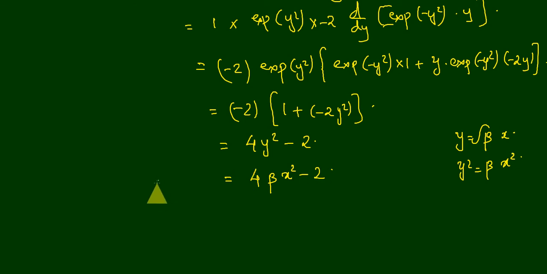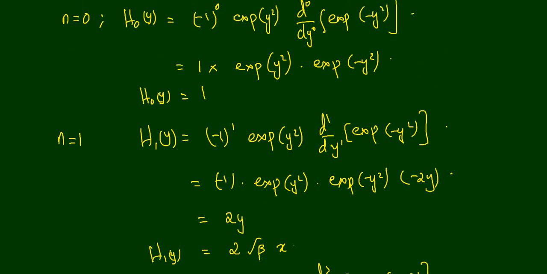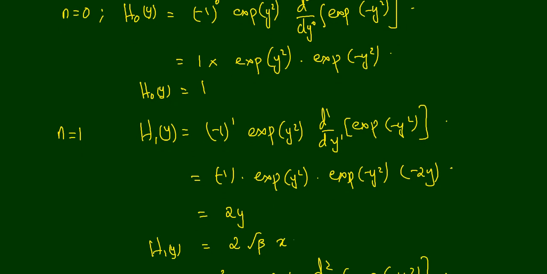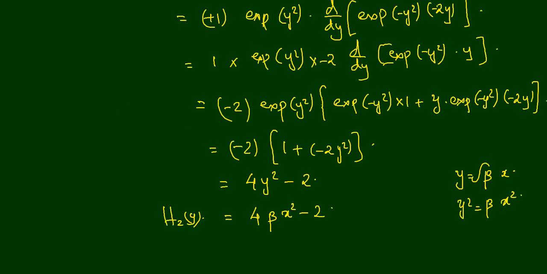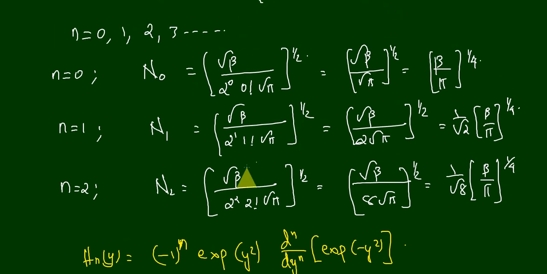So this is h2y, okay? Now we have the expressions for h0y, h1y, h2y, and like that we have for n0, n1 and n2, okay?